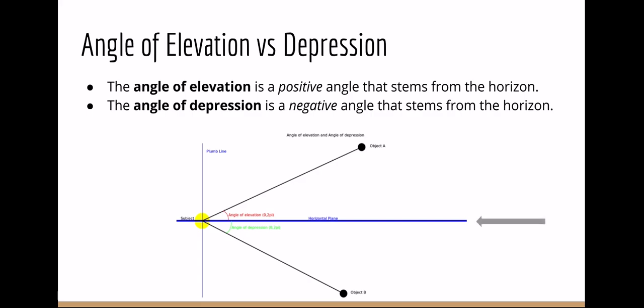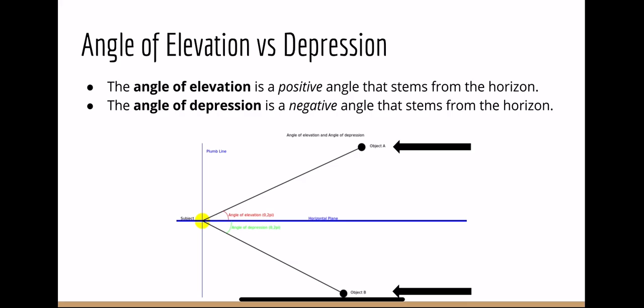So, this blue line is going to be the horizon, and any angle above the blue line to the plumb line will be an angle of elevation, while any angle below the horizon is going to be classified as an angle of depression, where this yellow dot is our victim, and these black dots are our snipers.